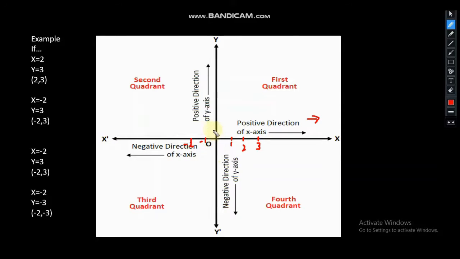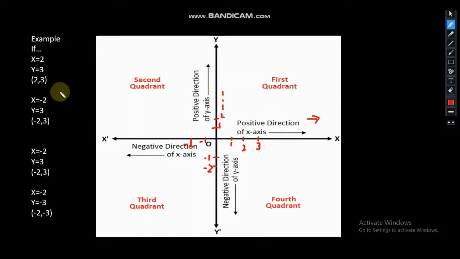Similarly, these are the positive y direction, 1, 2 and so on. Now here -1, -2. This third quadrant has x-axis and y-axis all negative. This is the positive direction, this is positive direction also, this is the negative direction of the y-axis.